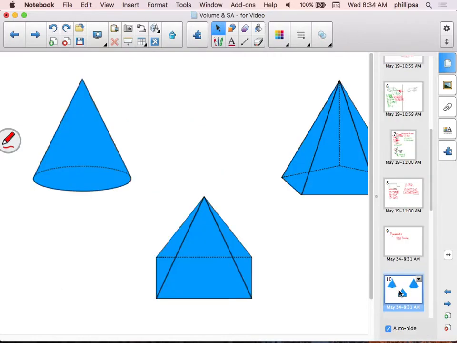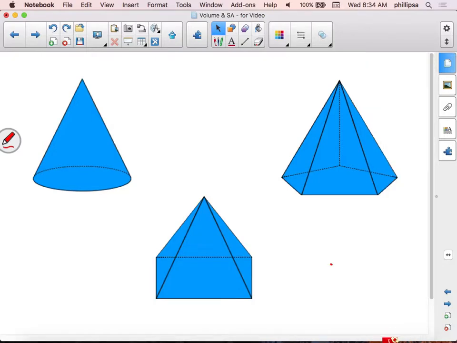Okay, so examples of pyramids could be your cone with a circular base, your rectangular pyramid down here with a rectangular base. There could be a square pyramid with a square base. Here's a pentagonal pyramid that has one pentagon base.